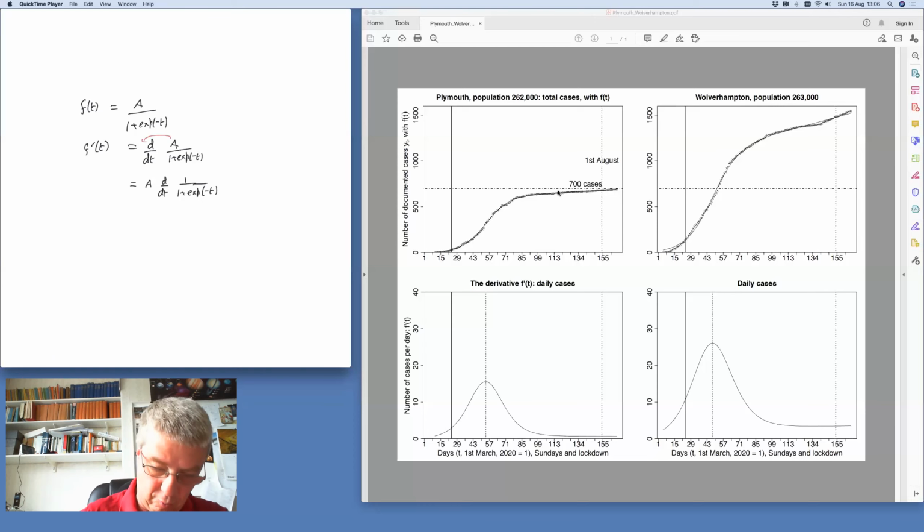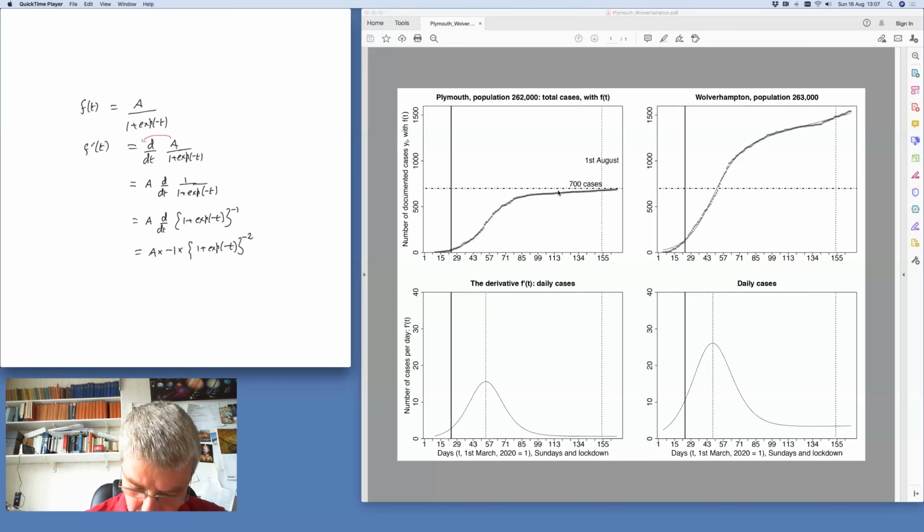And then I would write that as d by dt of (1 plus exp(-t)) to the minus 1. And then I perform that differentiation by using the chain rule. So first of all, I bring down the power. There's the power coming down. I'd then reduce the power by 1. So that becomes minus 2.